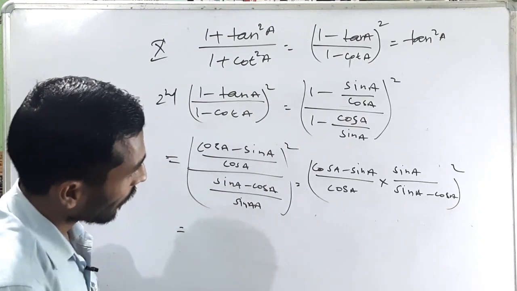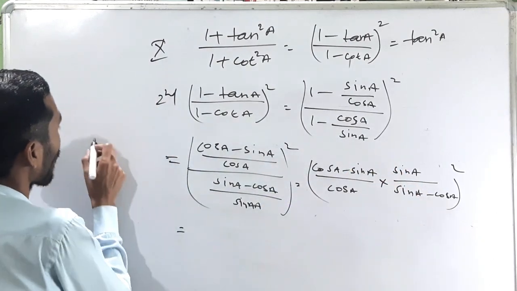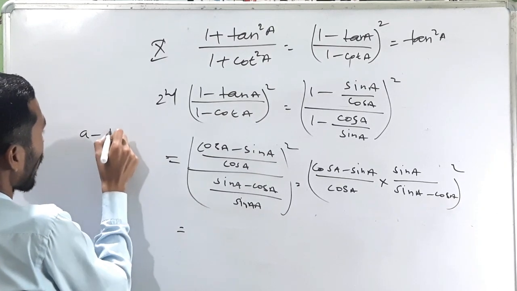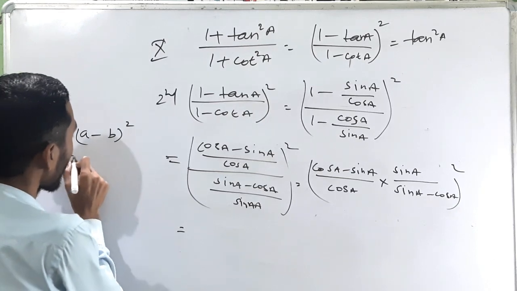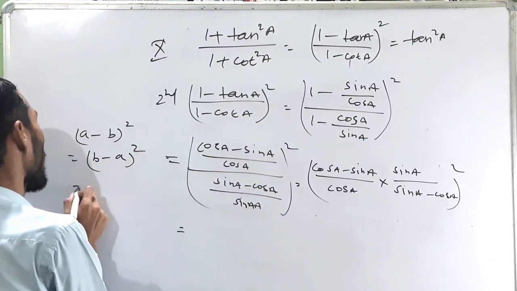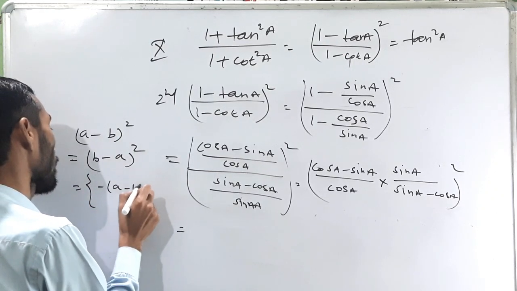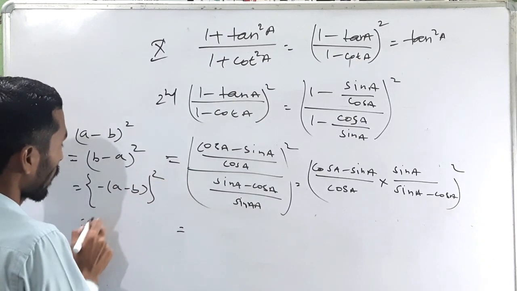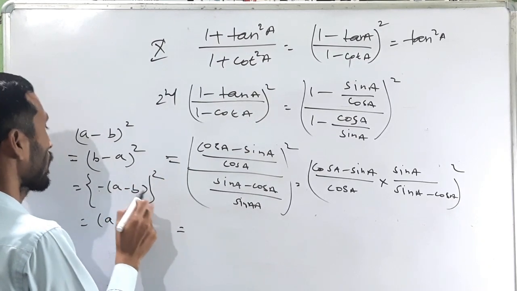You can see here a squaring of anything. If there is a square of A minus B, then it will be the same as the square of B minus A, because after taking the square we will get the same thing, and the square of minus is plus.